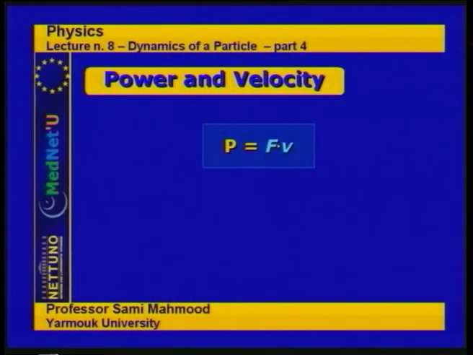And now from this definition, we can obtain another formula for the power, which relates the power to the force acting on the object and the velocity of the object.